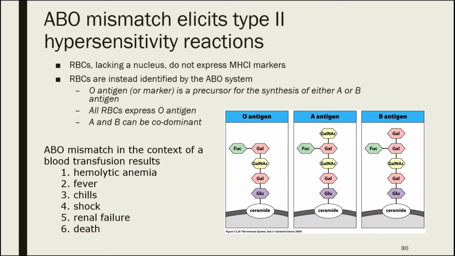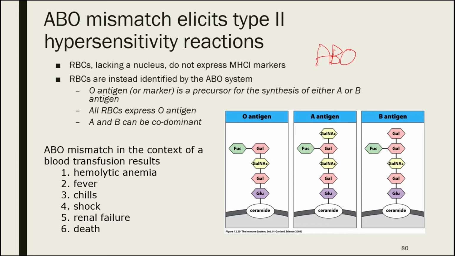Another type of type 2 hypersensitivity is something that you've learned already, which is the ABO blood type mismatch. I won't go into too much detail, since we talked about that in AMP last year by me. I don't know if that's fortunate or unfortunate again. It's the same concept.